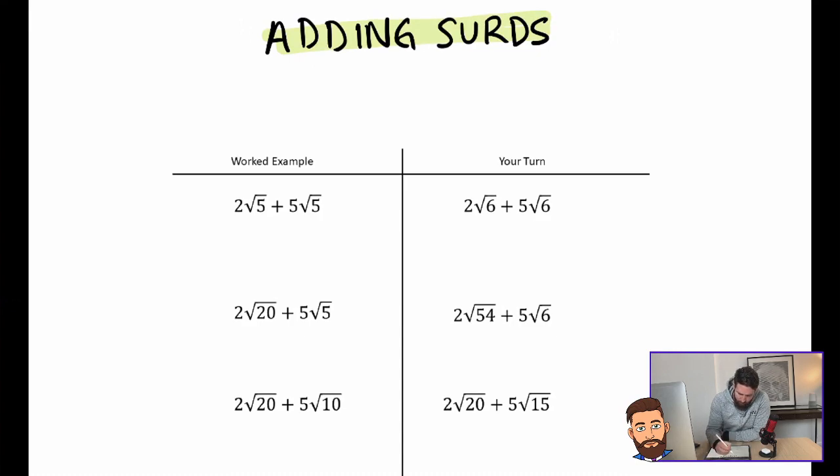I should have really written adding and subtracting, so you might just want to add that note in because it's exactly the same. Similar to fractions, if you have a rule for adding fractions, it's the same rule for subtracting, the same with surds.